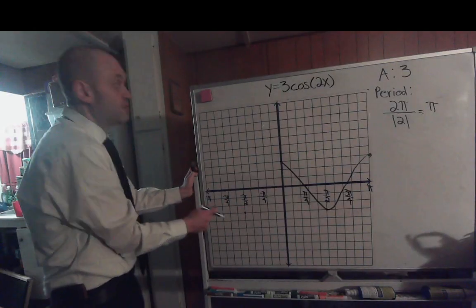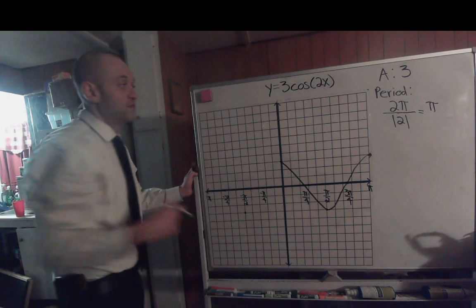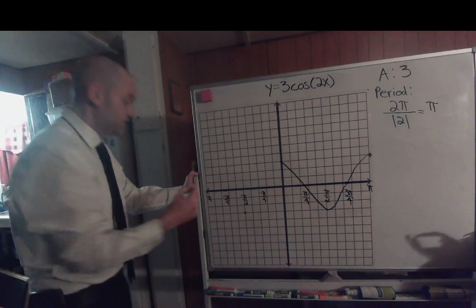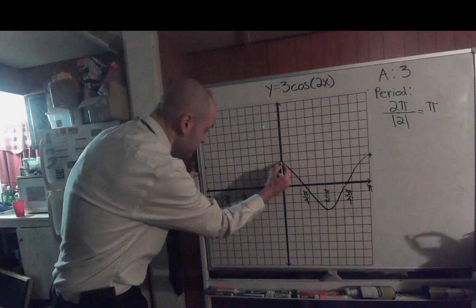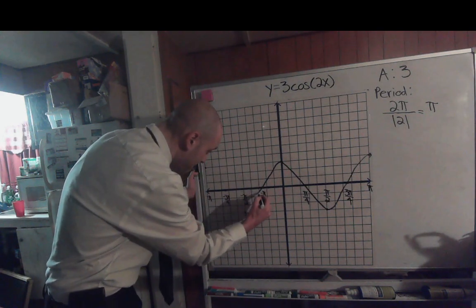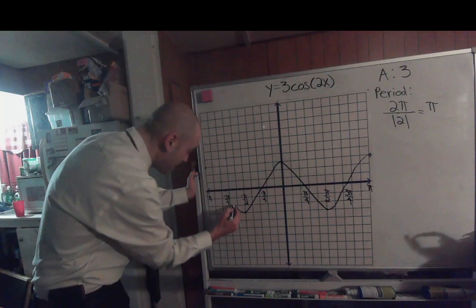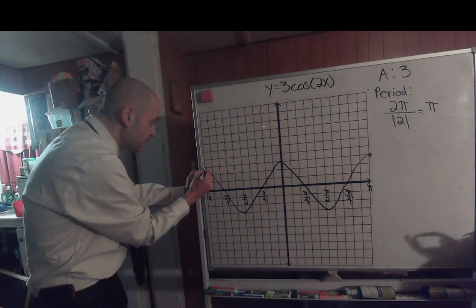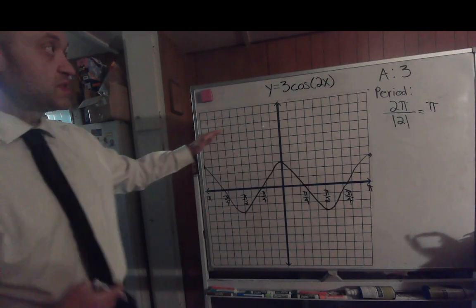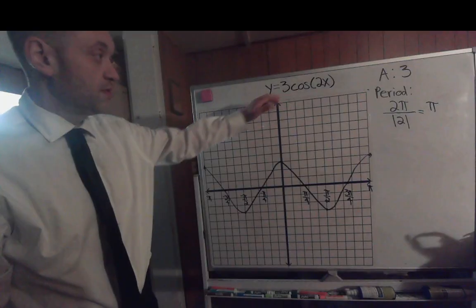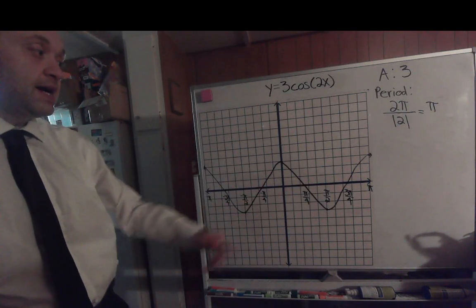Then put in negative pi, you'll get the cosine of negative 2 pi, which is 1 times 3 is 3. Now let's continue drawing the curve this way. So there is the graph of the cosine function with an amplitude of 3 and a period of pi.